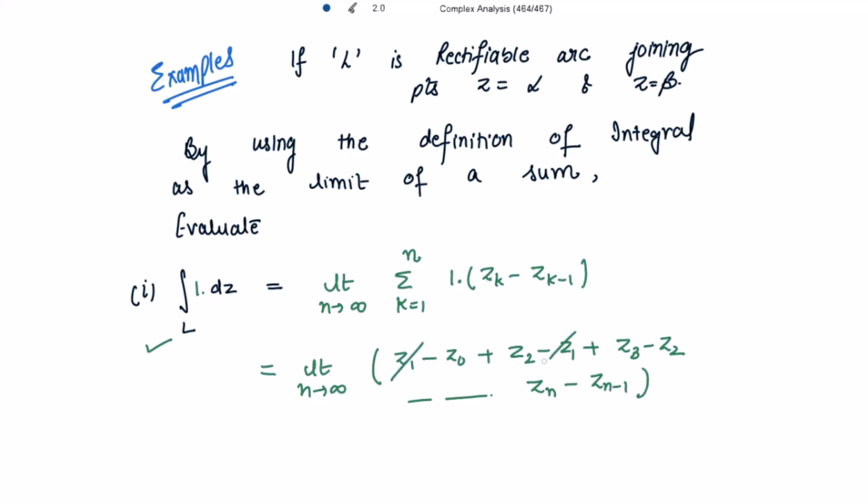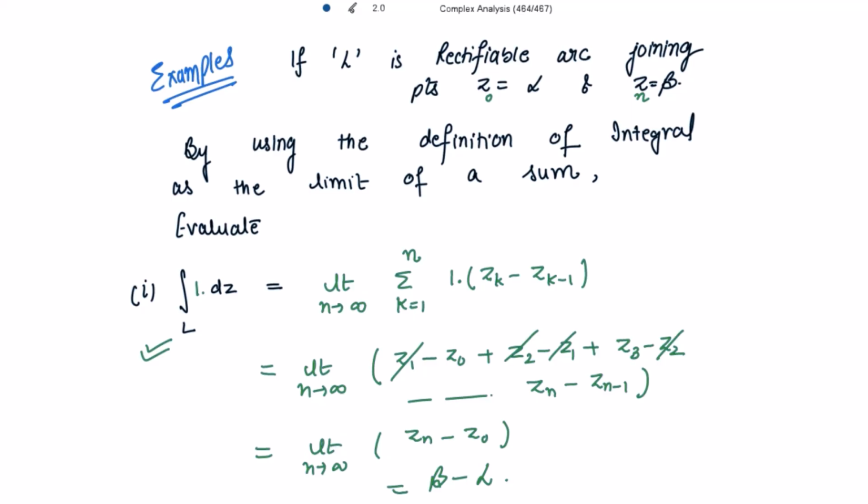Cancelling, all these intermediate points will be cancelled out. The remaining expression is the limit n tends to infinity of zn minus z0, and zn is beta, the final point, and z0 is alpha, the initial point. So the value of this integral is beta minus alpha.